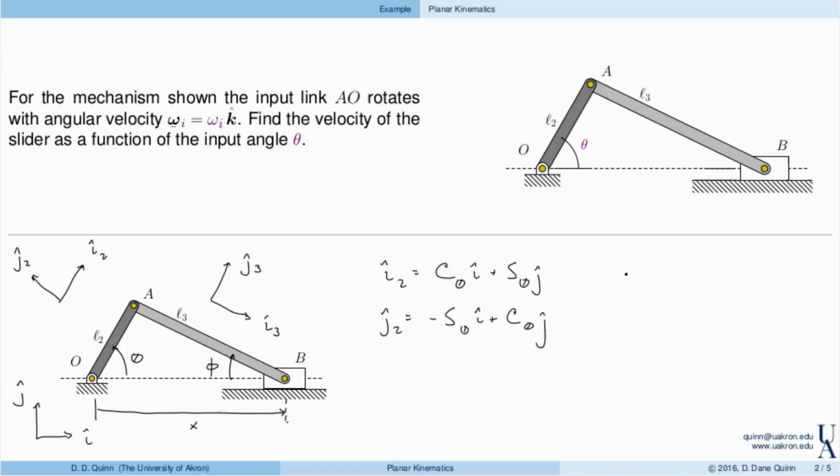Then I3 and J3 can be written in terms of I and J as cosine of phi in the I direction, now minus sine of phi in the J direction. Here theta is a counterclockwise angle and phi is positive in the clockwise direction, while J3 is sine of phi in the I direction plus cosine of phi in the J direction. So we are able to relate these different sets of directions back to I and J.